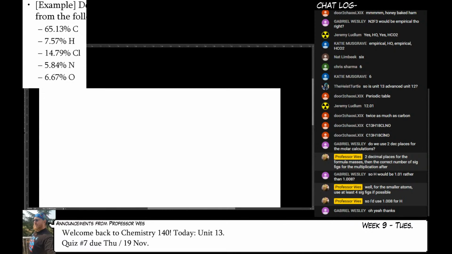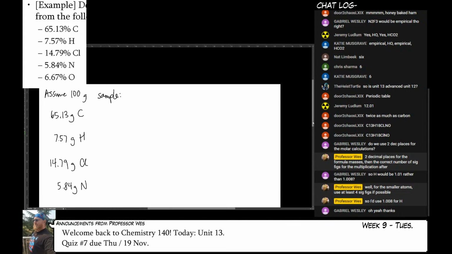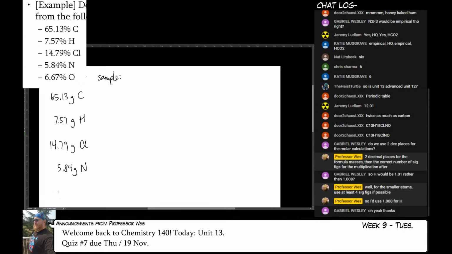All right. So if I assume a 100-gram sample, then what that means is in that 100 grams, I would have 65.13 grams of carbon, 7.57 grams of hydrogen, 14.79 grams of chlorine, 5.84 grams of nitrogen, and 6.67 grams of oxygen.